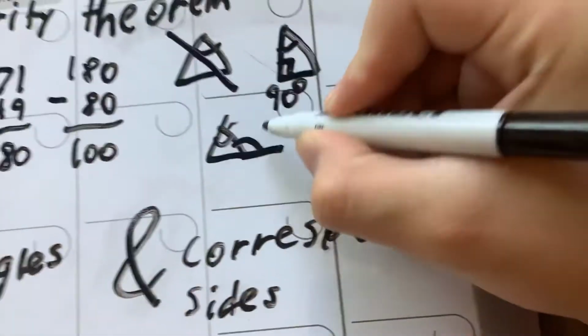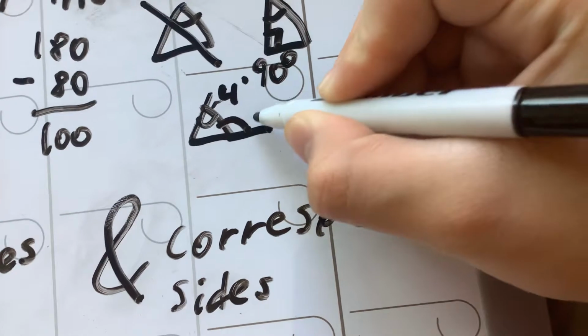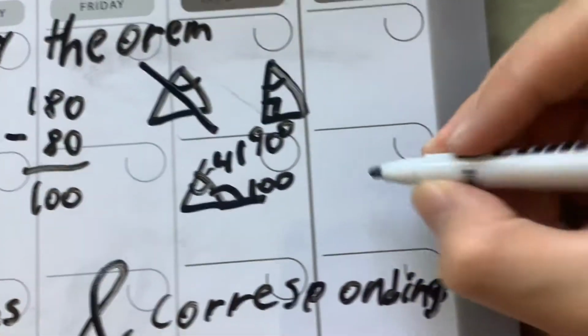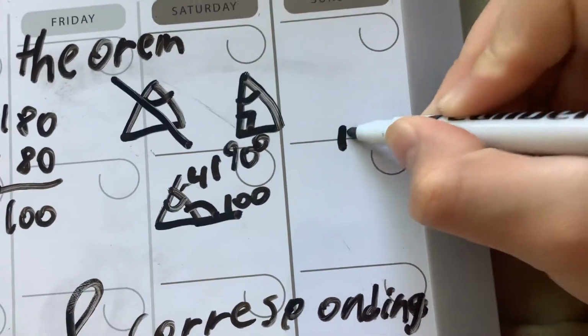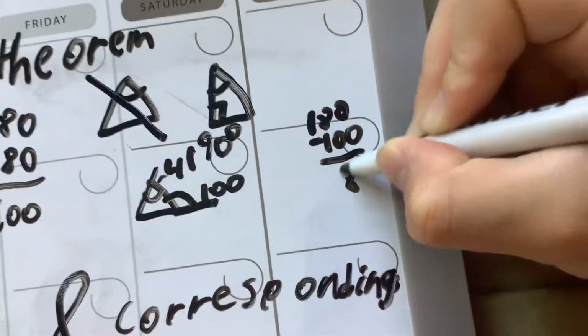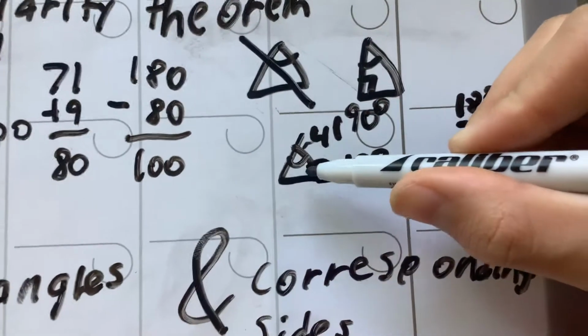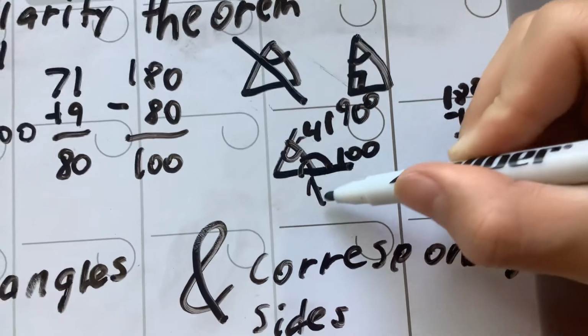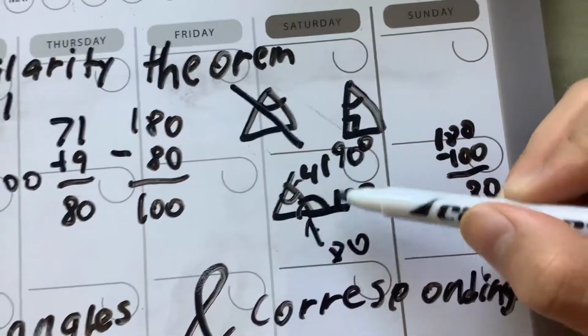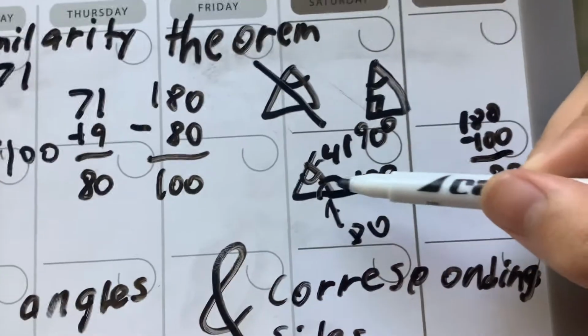So, if this was 41, this is 100. So, 180 minus 100 equals 80, which means you know two angles now. Two angles. So, now you add these two, equals 121.